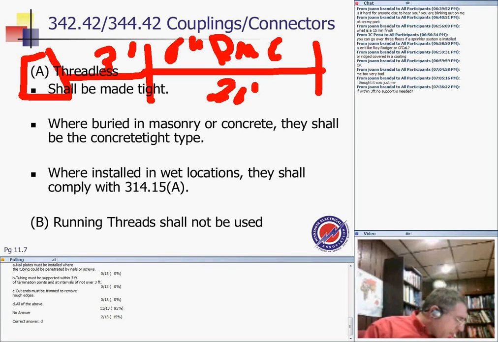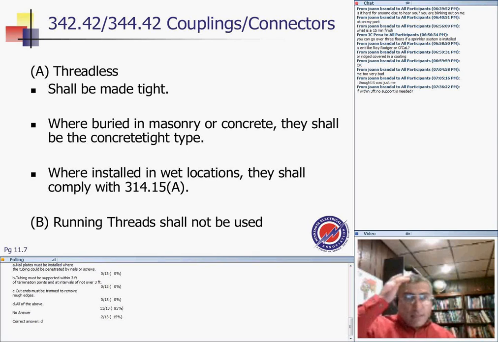Keep supporting. IMC shall be installed as a complete system. Securely supported. IMC shall be securely fastened within 3 feet of each outlet box, J box, and so on. So if you're fastening on both sides, then you don't need to support. Any questions, guys? Any comments?